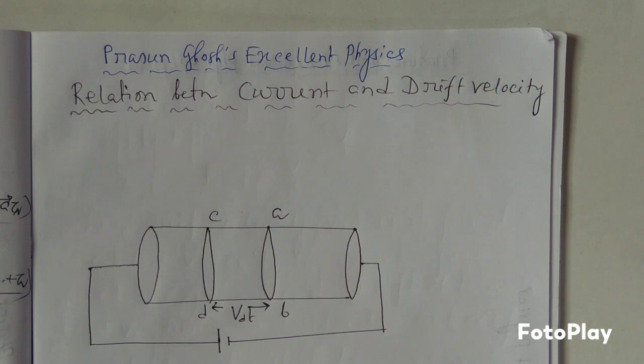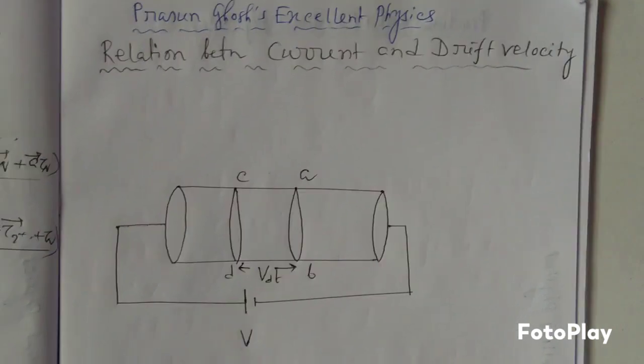When an electric potential is applied to the metallic conductor, an electric field is set up, and hence the free electrons move from the minus terminal to the plus terminal and current flows in the opposite direction. This is the main logic in this case.